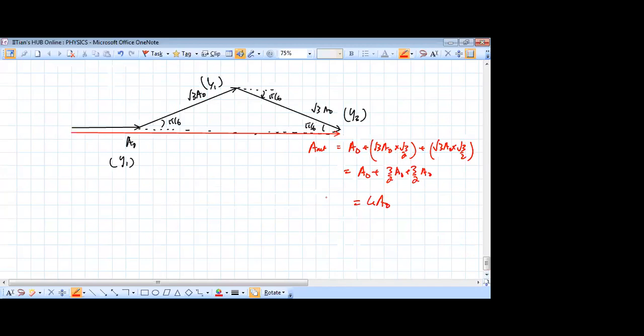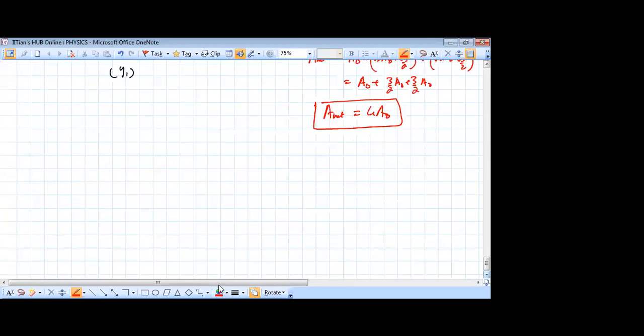4 A naught will become the net amplitude. Very simple, nothing exceptional about this. Or you can also go by the trigonometry method.